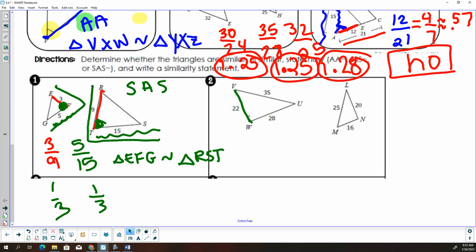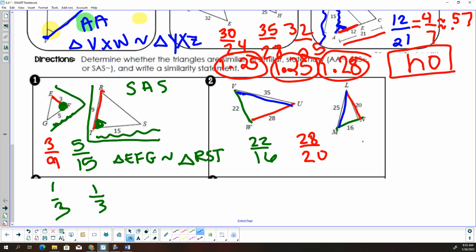We'll just do short side, which is 22, to short side, which is 16. What's the medium side? 28. What's the medium side of the other triangle? 20. And finally, long side is 35 over 25. And now we compare. When you divide 22 by 16, what do you get?